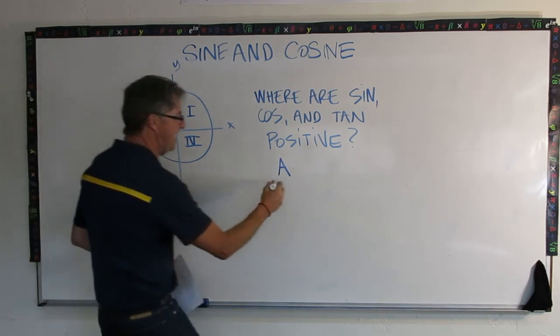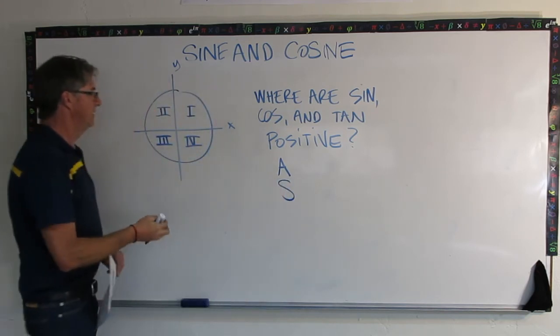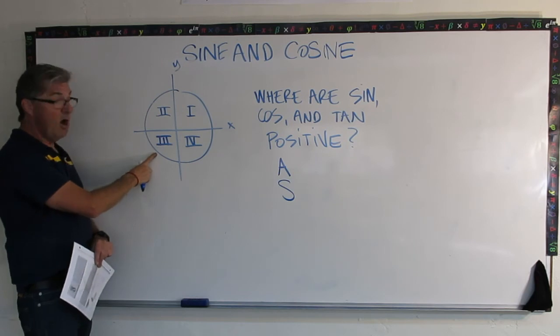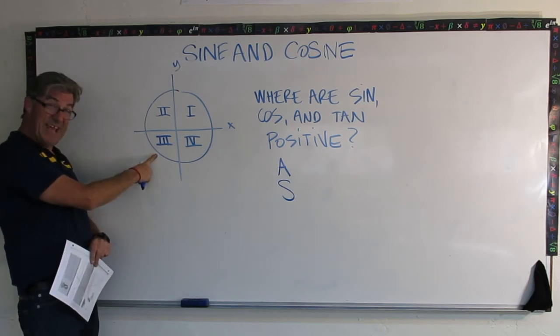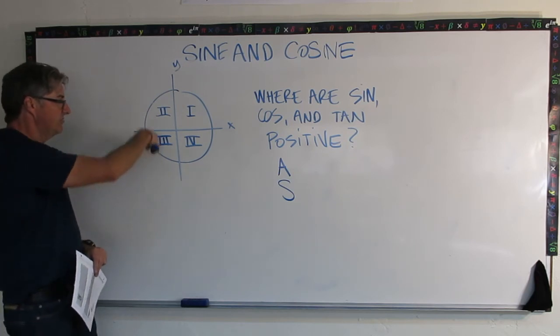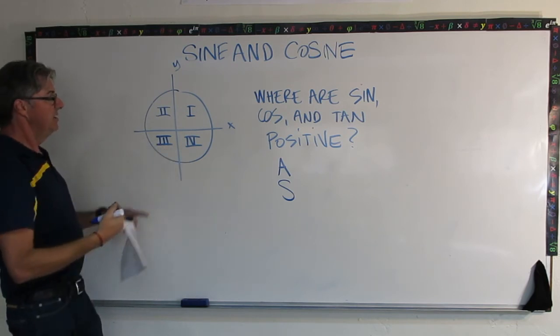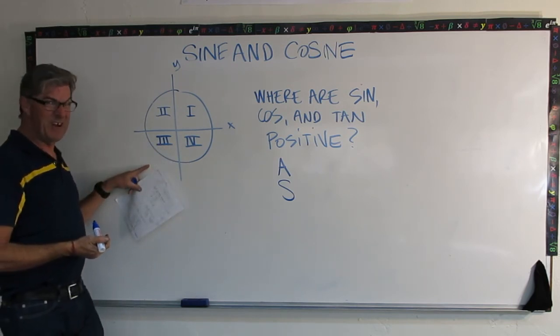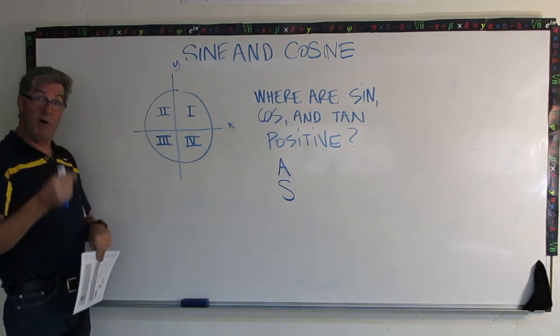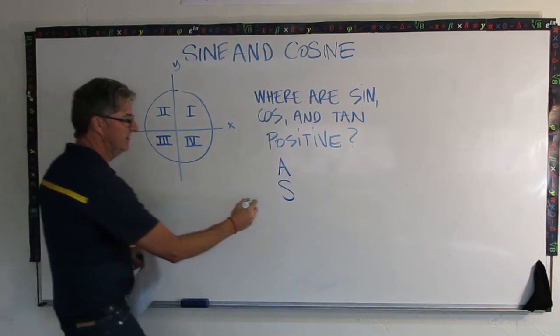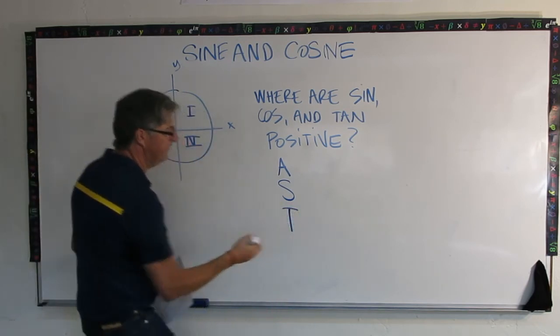So here it's S for sine. In the third quadrant, we've come all the way around. Now we know that both sine and cosine are negative because we're below the x-axis and to the left of the y-axis. But if they're both negative, then tangent is positive. So we put T for tangent.